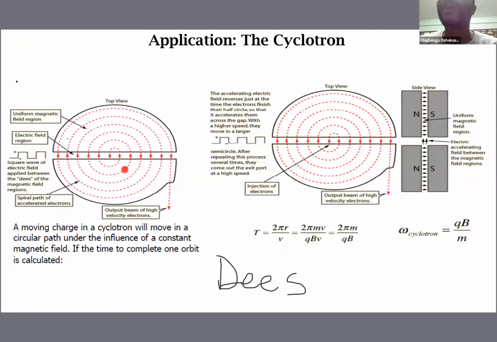So it will keep accelerating along the dotted line until it comes out as a particle with large energy and very large velocity, which is used in medicine and different scientific research.